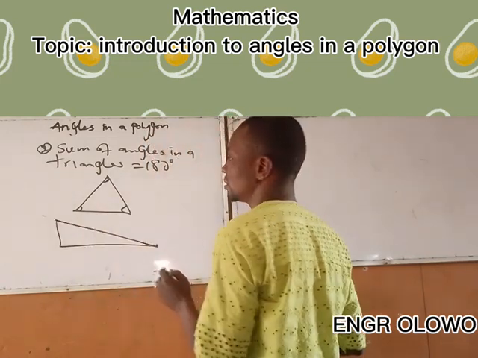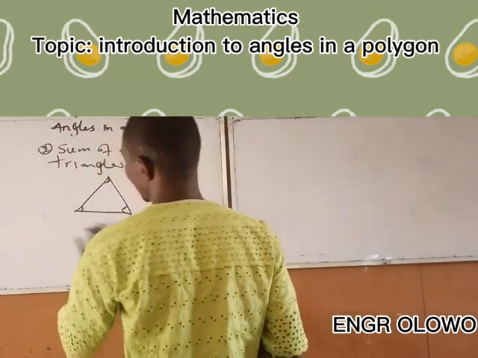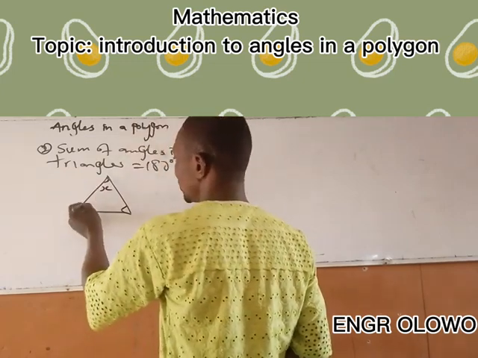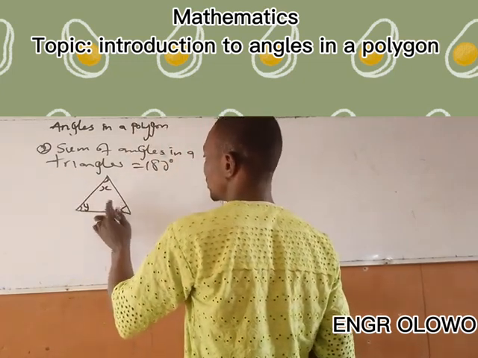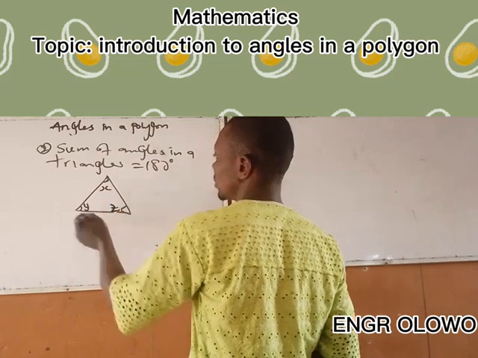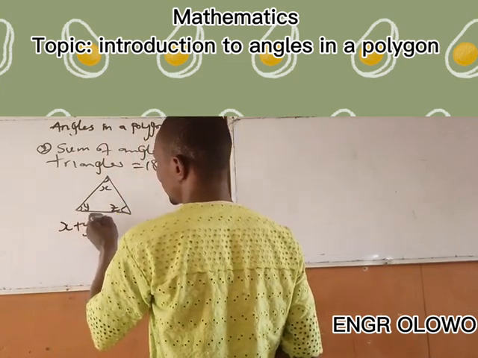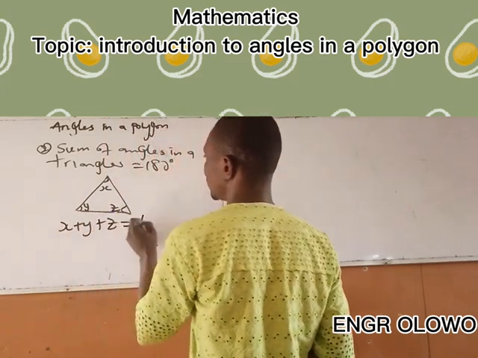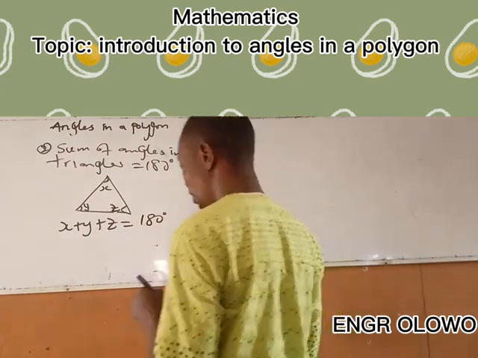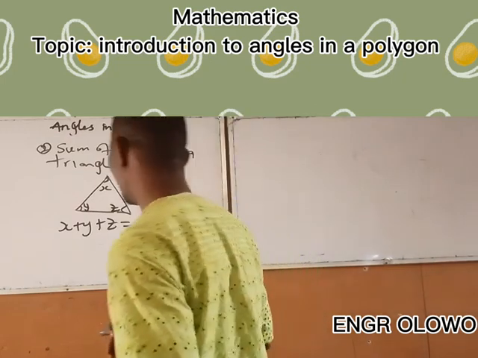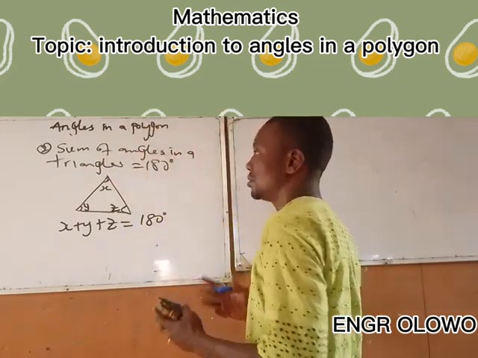The triangle can also be another type of triangle, but let's just take this first one as the one we want to look at. When we sum it together, X plus Y plus Z, we have 180 degrees. So the sum of angles in a triangle is equal to 180 degrees.